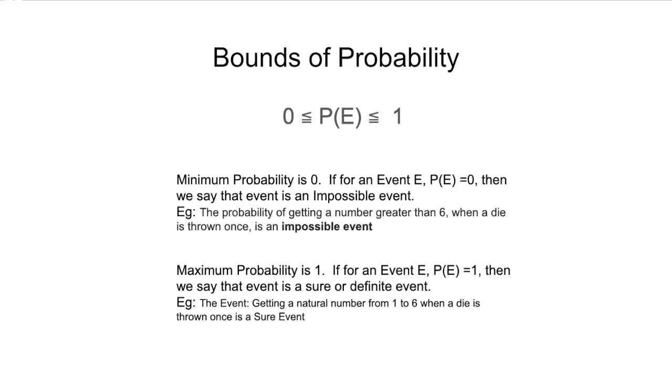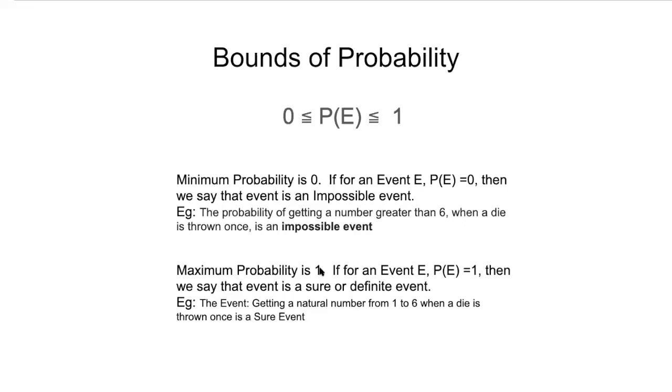For example, getting a number greater than 6 when a die is thrown once is an impossible event. If you throw a die which has 1, 2, 3, 4, 5, 6 on it, it is impossible to get a number greater than 6. So this is an example of an impossible event, and its probability will be 0.